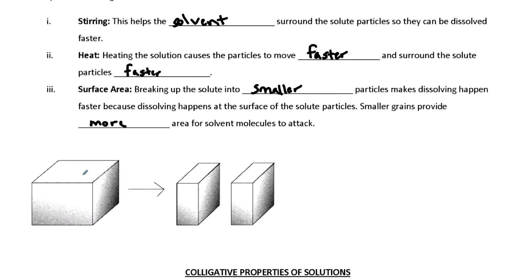So it's going to be a lot slower because the solvent can only get at the outside part. If you crush it up, then all those grains are exposed to the solvent and therefore they can be dissolved more quickly. So that's definitely something you can relate to.